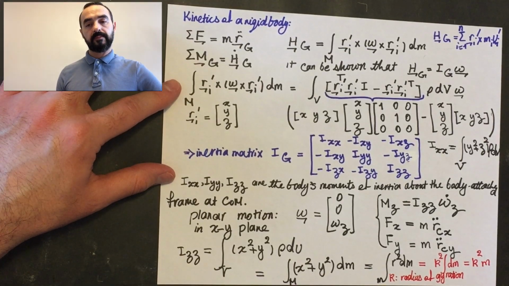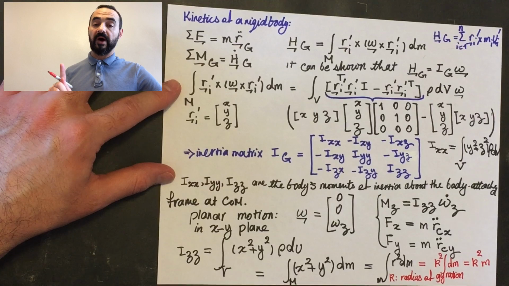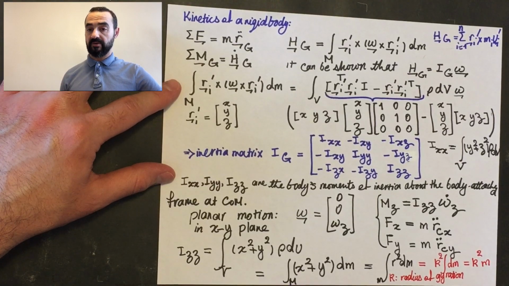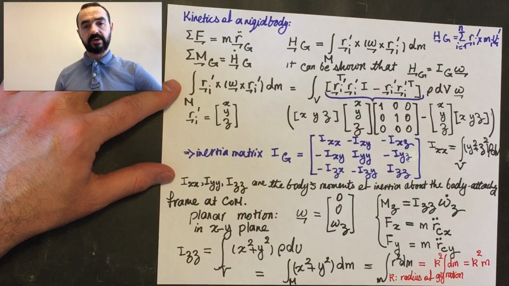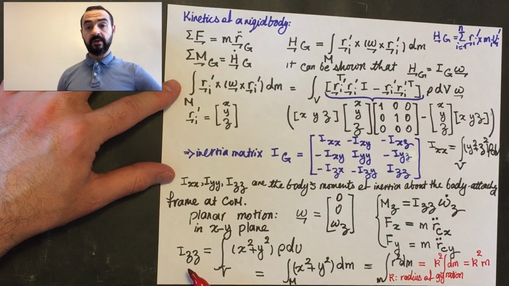Right? So if I give you the radius of gyration for a mass, say I give you an arbitrary rigid body, and I say I have this planar motion, and this is the radius of gyration. I'm not giving you Izz, I'm giving you radius of gyration.